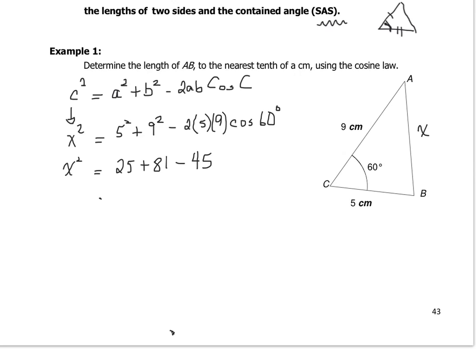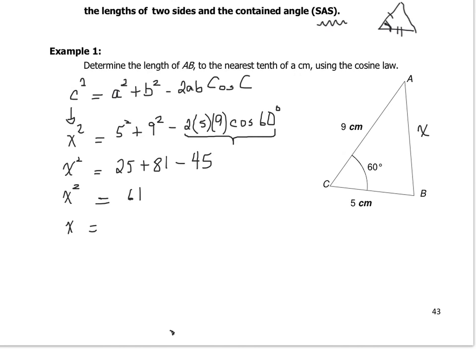The biggest mistake that people make here is they don't do all of this multiplication before they do the subtraction. So make sure you do all of that multiplication first. When we work that out, we get 61. Another big mistake that people make is they think that x is 61, but x squared is 61.